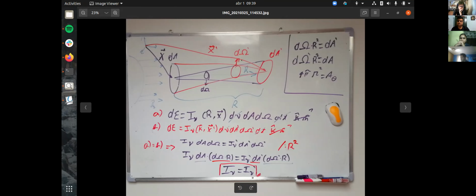So it's the same photons, and the energy of the photon is a constant. So if there are the same photons that go from the one area element to the other, then the energies are the same.